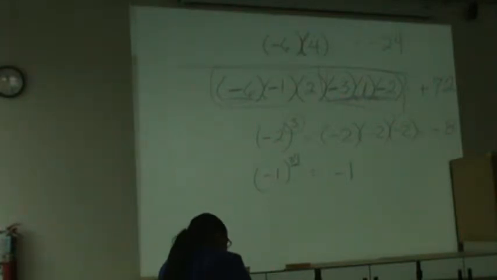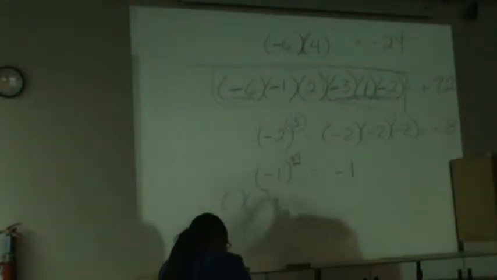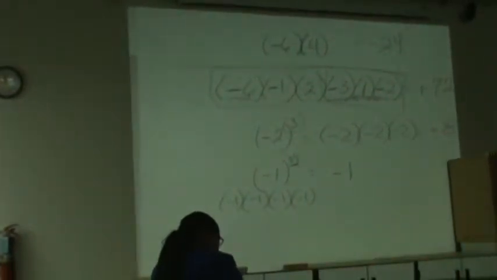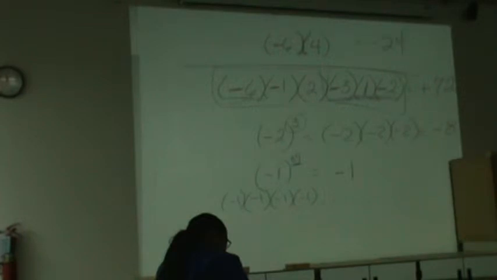It would be 89. Nope, it's not 1 times 89. It's -1, 89 times. -1 times -1 times -1 times -1, like that, on and on and on. 89 times, not times 89. The exponent tells you how many times you multiply it times itself.